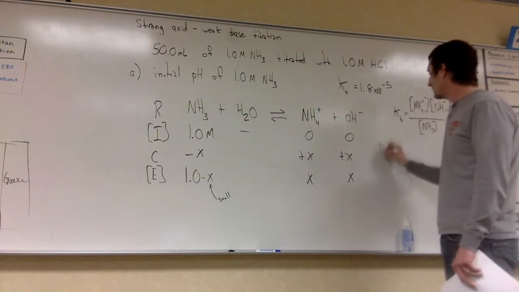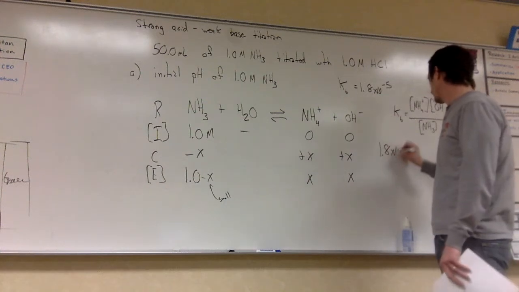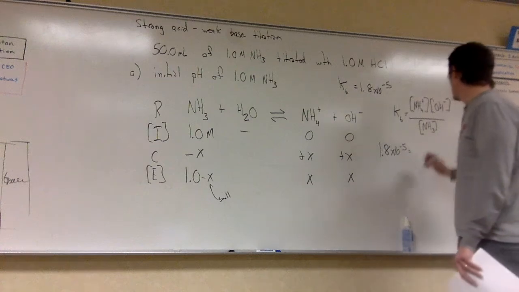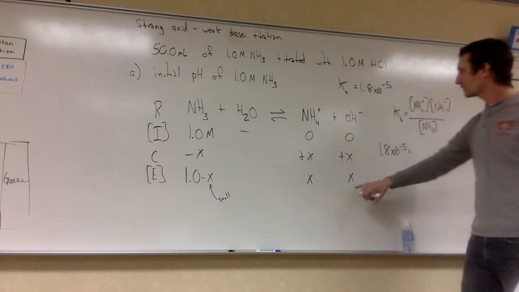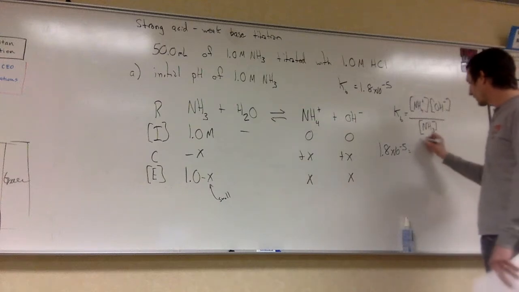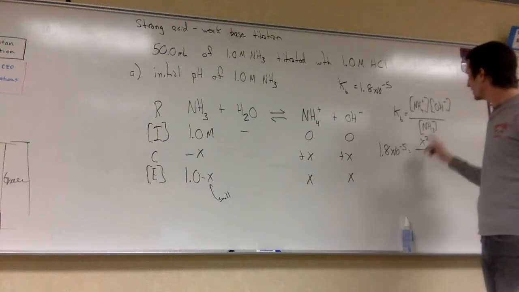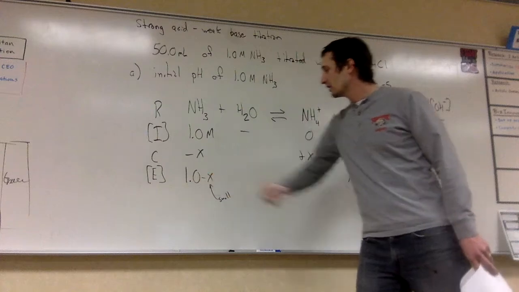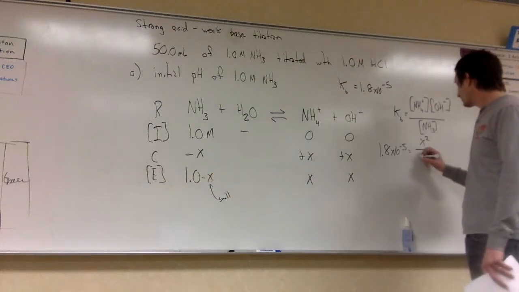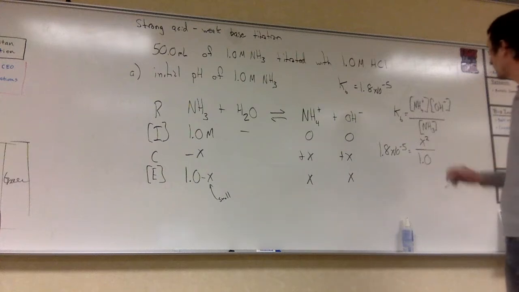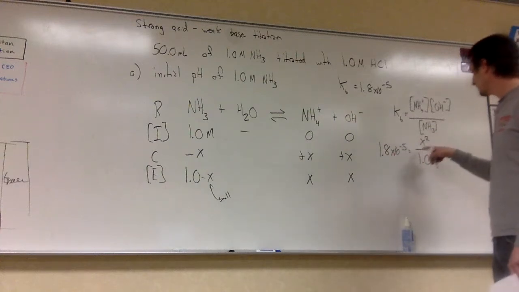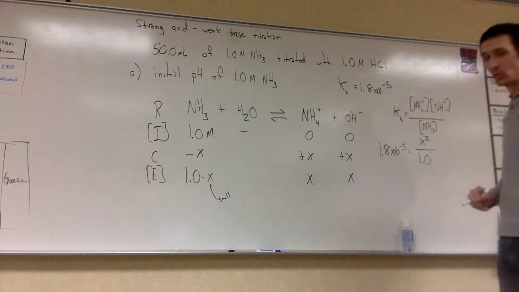I know Kb is 1.8 times 10 to the minus 5th. The ammonium ion is X, the hydroxide ion is X, so X times X is X squared. We said the amount that's lost is negligible, so my equation is 1.8 times 10 to the minus 5th equals X squared over 1.